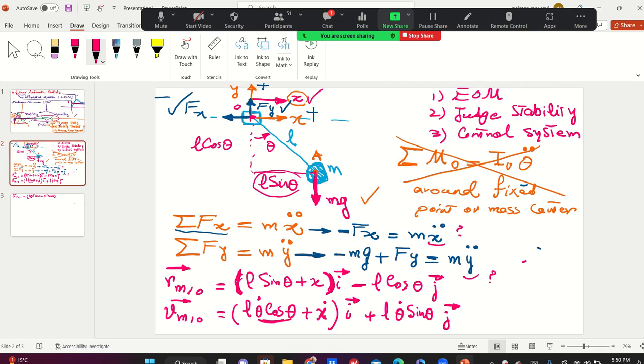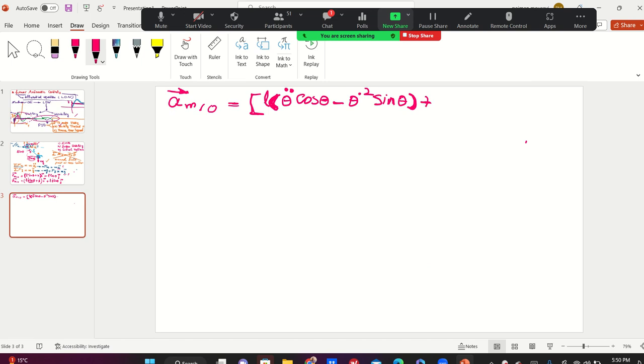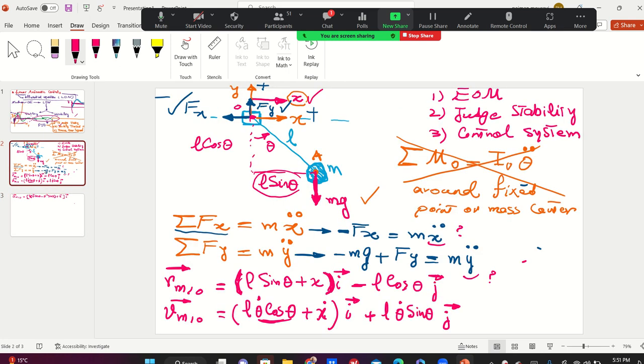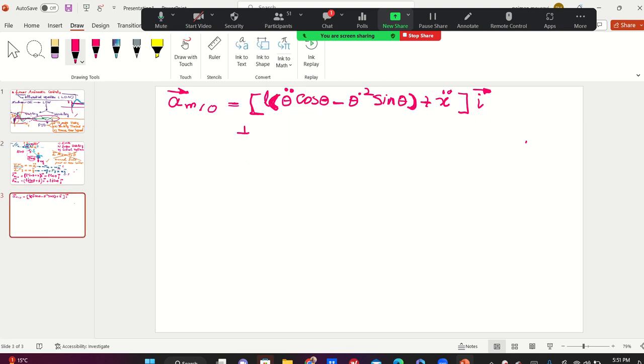This total, plus x double dot, bracket, in I, unit vector I. Now this is gonna be plus again L theta double dot first and second sine theta plus second and first theta dot square cosine theta in J direction.